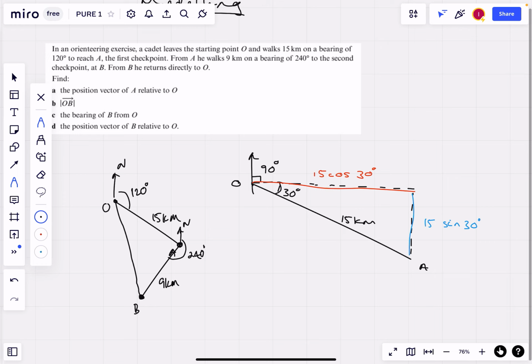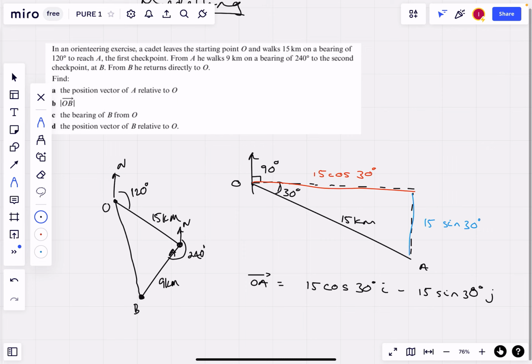So to get from O to A, my position vector will be 15 cos 30 i minus 15 sine 30 j, because I'm going downwards.